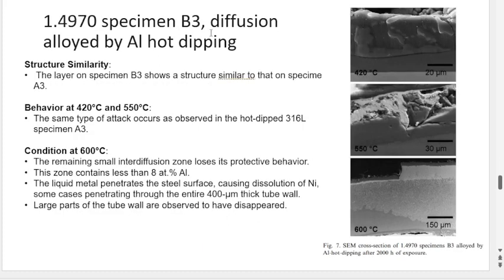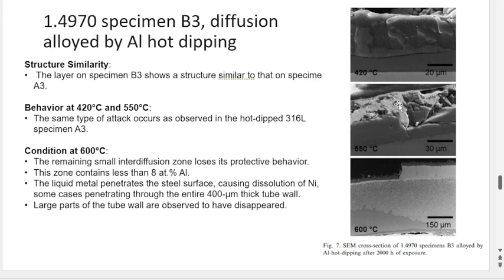As for the B3, the treatment by aluminum hot dipping, at 420 degrees C, the layer on B3 shows a structure similar to that on specimen A3. Behavior at 400 to 500, the same type of attack occurs as observed in hot dipping 316 specimen A3.